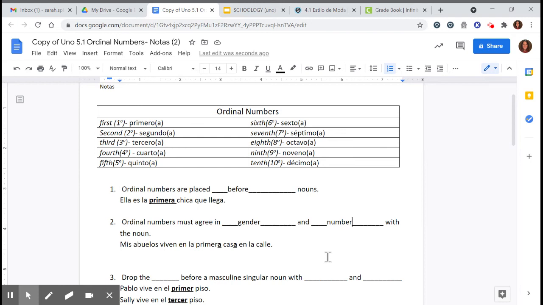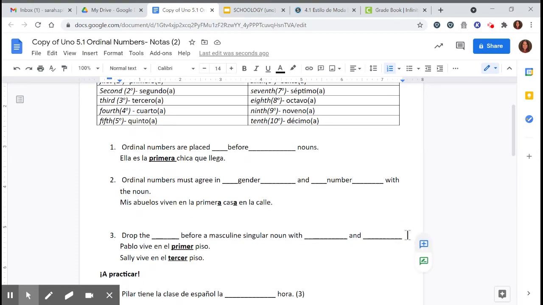So my grandparents live in the first house on the street. So the first house, primera casa, notice casa is feminine. So that's why I changed my word first, primera, to have that feminine ending, because these two need to match and agree. Primera casa. If it was plural, if I was talking about a bunch of houses, then I would need to add S's at the end. So just making sure that we apply those changes.